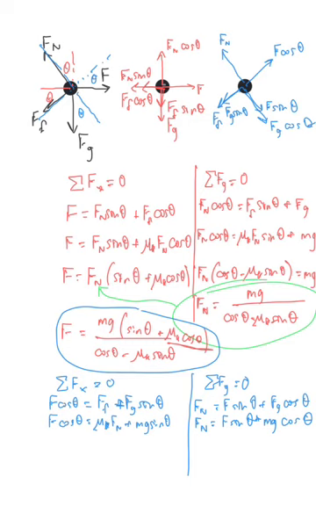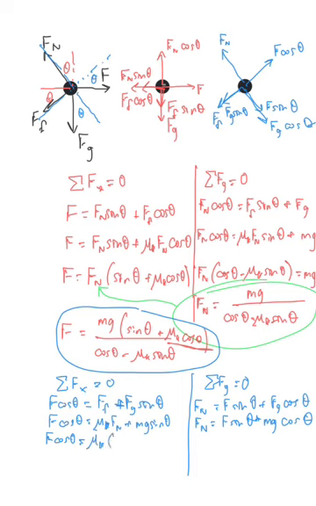So let's do the same thing as before. Let's solve one equation for the Fn, the unknown, and then plug it into the other equation. Well, this equation has already got the Fn by itself, so let's just take this equation for Fn and plug it in right over here and see what we end up with. So we have F cosine of theta equals mu k.